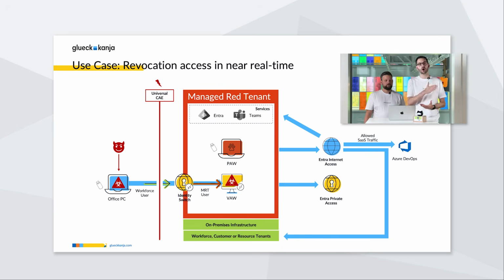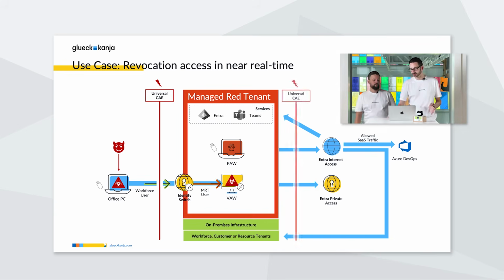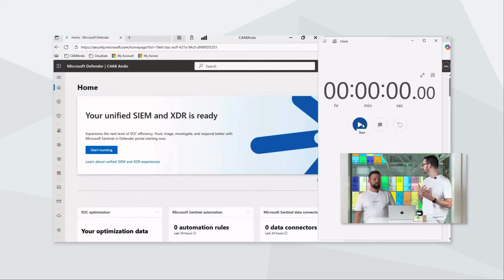And there's no way to continue or keep the connection to the VAW. And that's not only for the access path from the Office PC to the VAW. As we already mentioned, we have the use case that a VAW or a PAW will be used for accessing privileged interfaces and on-premises resources, as we've seen so far.